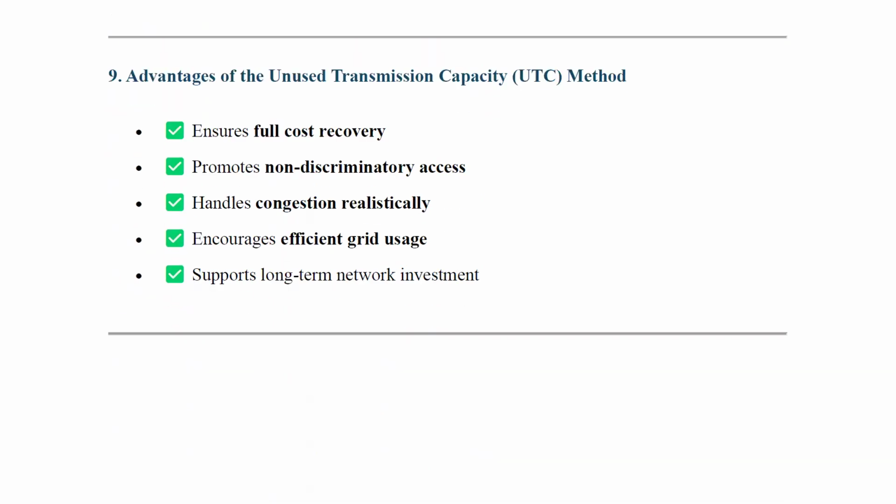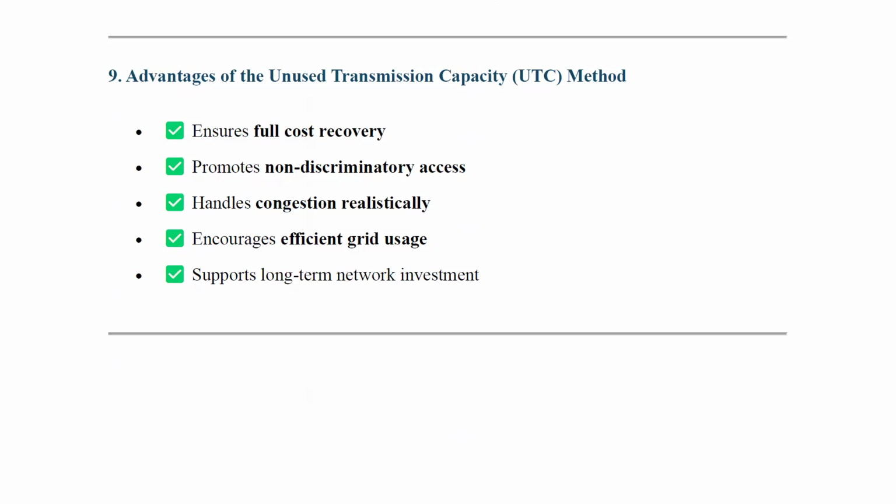What are the main advantages of this unused transmission capacity, that is UTC method? It ensures full cost recovery, so there will be no losses to transmission company owners. Because it ensures full cost recovery, it promotes non-discriminatory access. So there is no discrimination against any generator companies transmitting power.